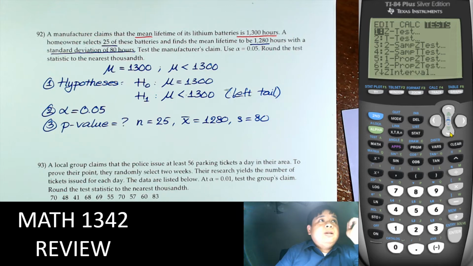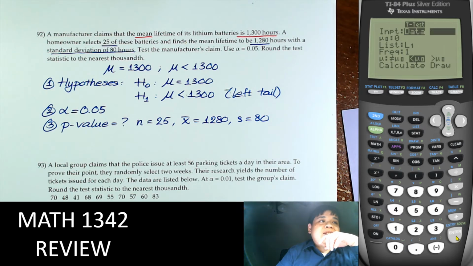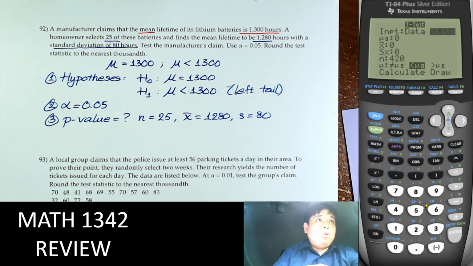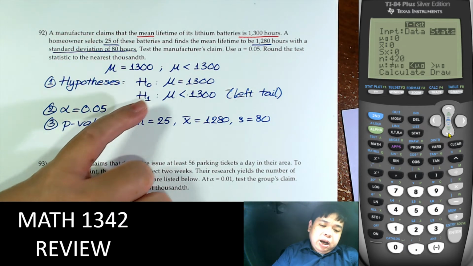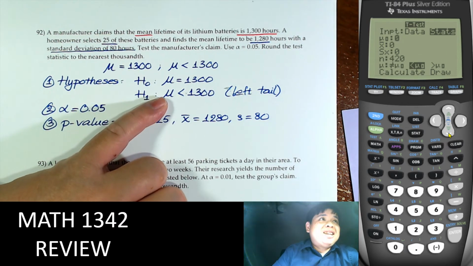This, however, is going to be a t-test, because n is only 25. First of all, the alternative hypothesis is less than, so we go with less than. Highlight that. Less than 1300.